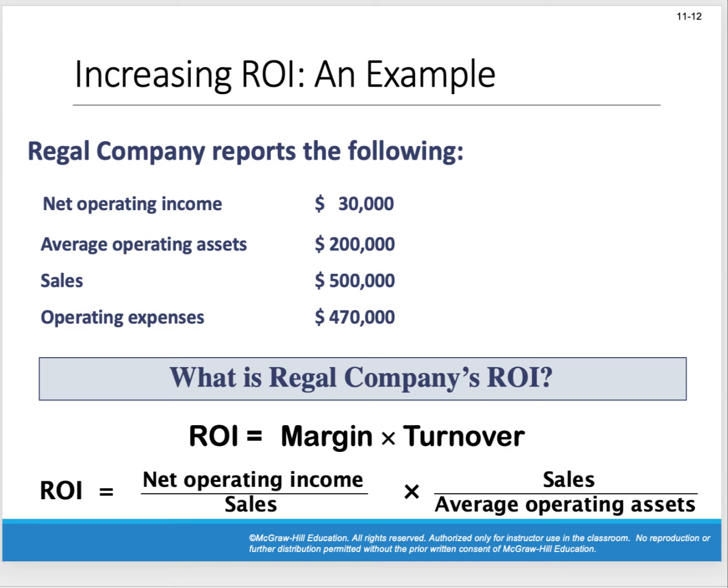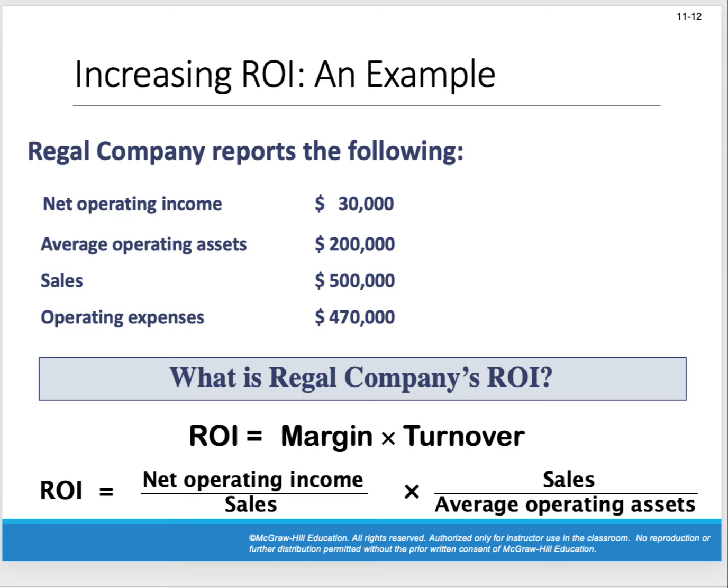What is their ROI? Well, we can very easily calculate this, right? We could take net operating income and divide it by our average operating assets. Or we could look at it based on its parts, meaning the margin and the turnover, okay?